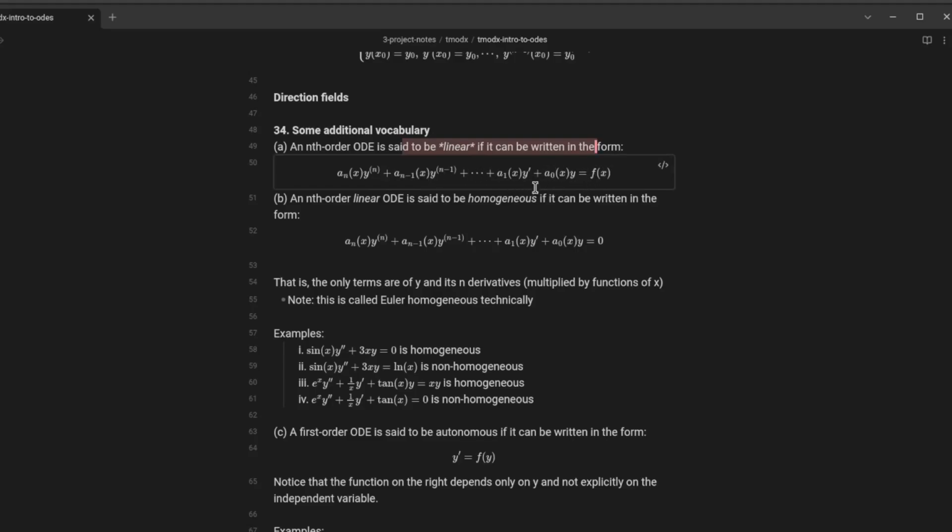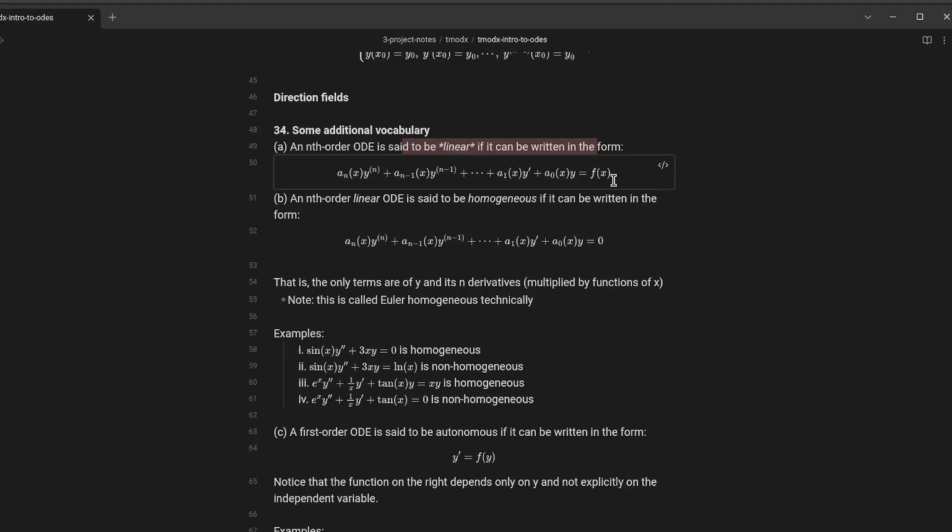And then if you look at everything except for the function of x coefficients, we have a y, then a y prime, and then increasing derivatives all the way up to the nth derivative. So basically some function of x times the nth derivative of y, plus some function of x times the (n minus first) derivative, adding all the way down until we get to some function of x times the first derivative, some function of x times just y, and then equals f of x.